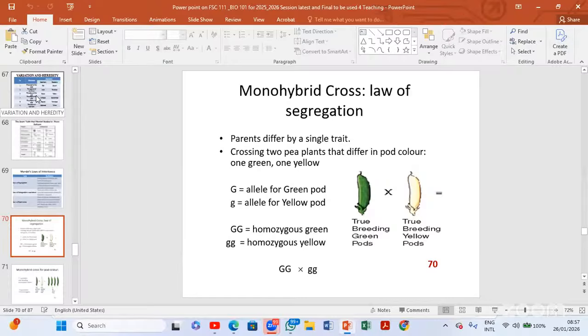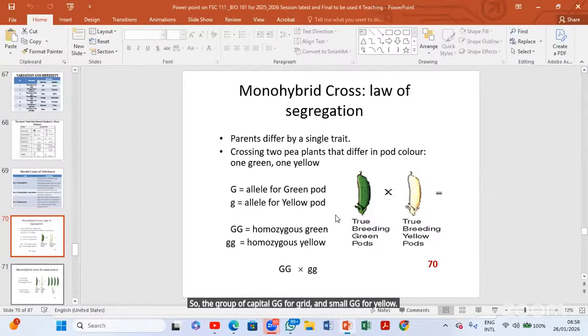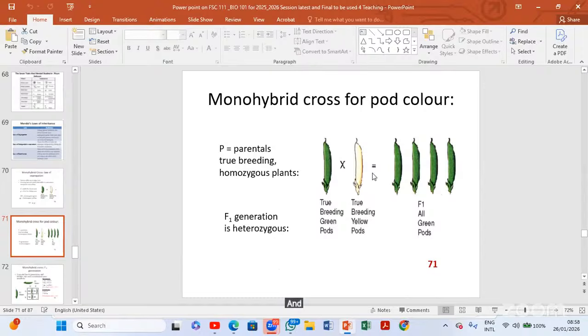And that's why he used that. So the green is capital GG and yellow is small gg. Crossing the capital GG with the small gg, all the F1 offspring are green, because green color is dominant over yellow. But that tells you, remember, green is capital GG, yellow is small gg. That means all the offspring that are green are heterozygous. So the F1 generation is heterozygous.